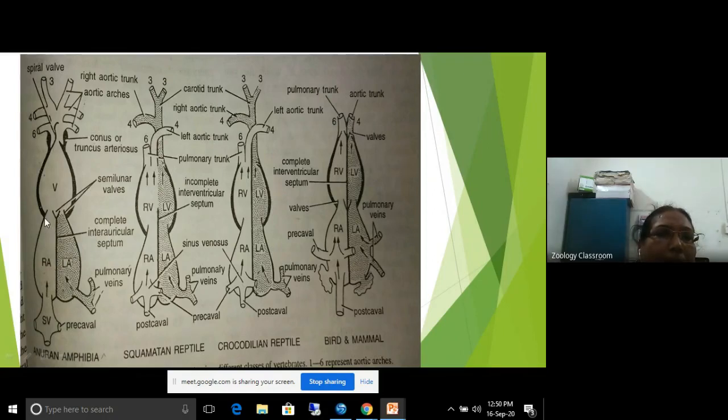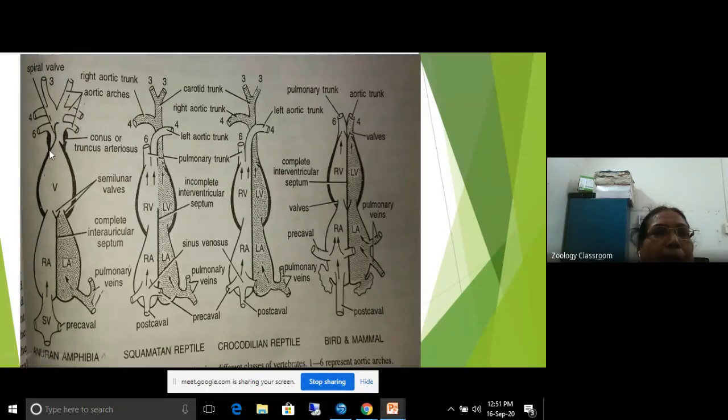The right auricle opens into the right side of the ventricle, and the left auricle opens into the left side, and these openings are guarded by the auriculoventricular valves. Then this ventricle is thick and muscular. It shows the conus arteriosus, and in between there is a spiral wall. The lumen of the spiral wall is called the phalangium, and it directs blood to the cavum pulmocutaneum and also the cavum aorticum.